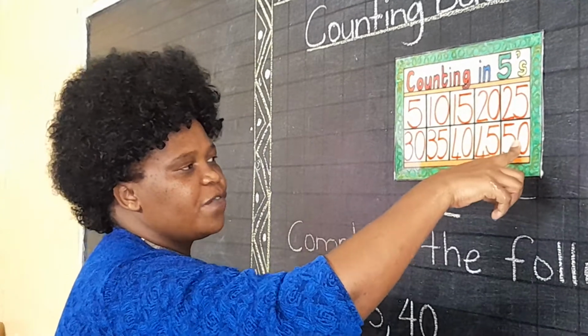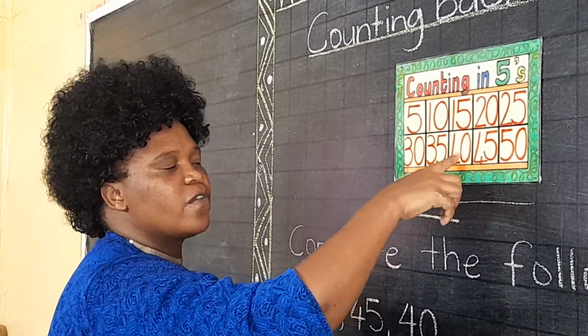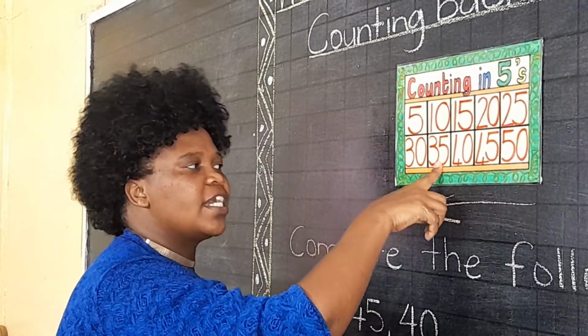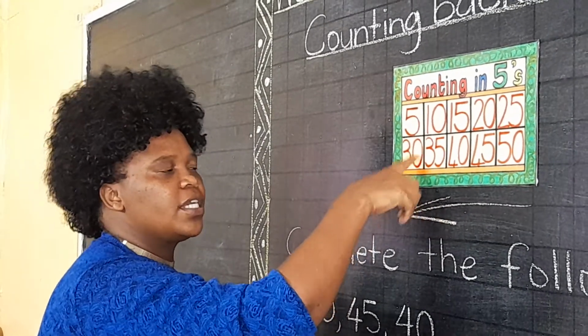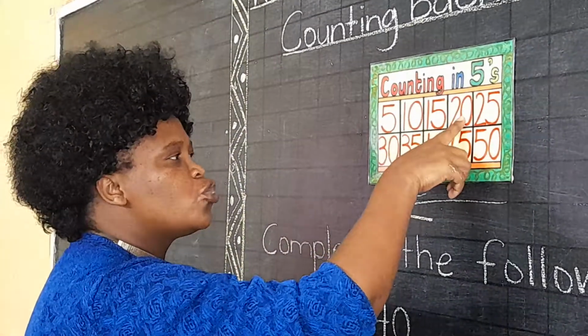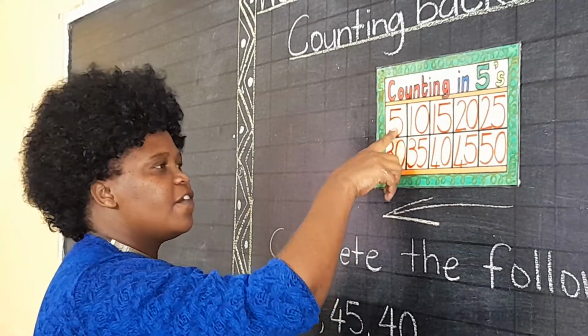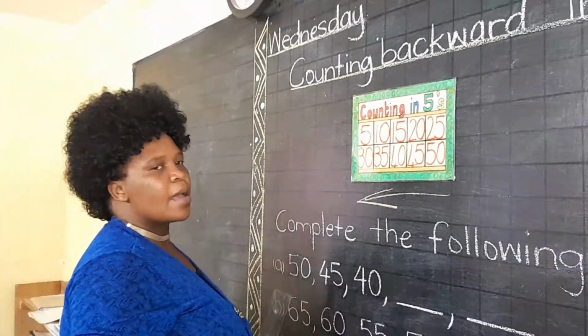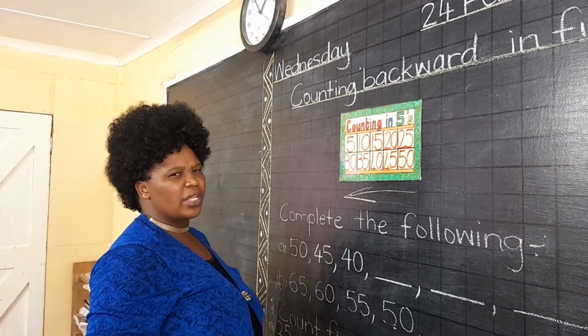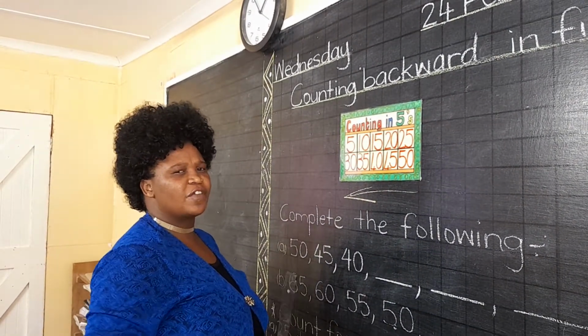So 50, 45, 40, 35, 30, 25, 20, 15, 10, and 5. So we're moving backwards. It is not that difficult.